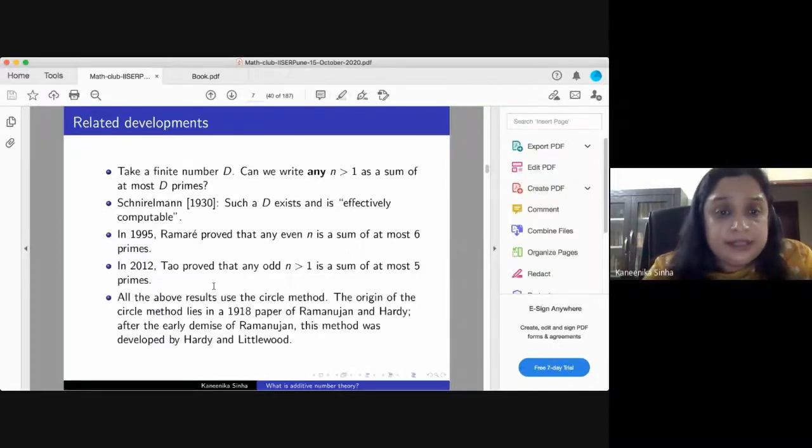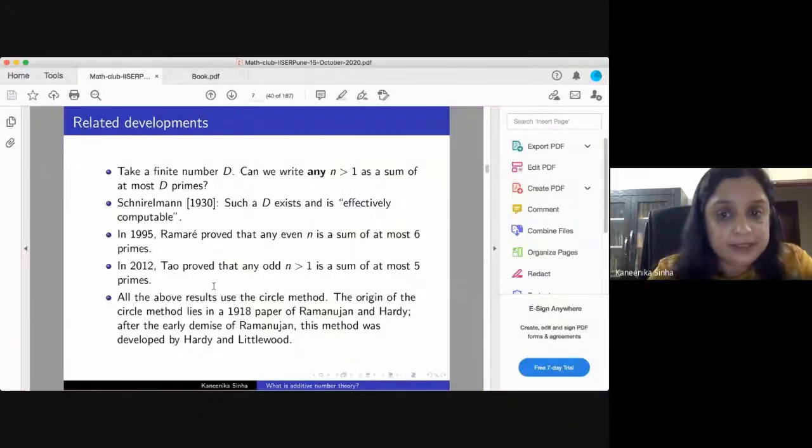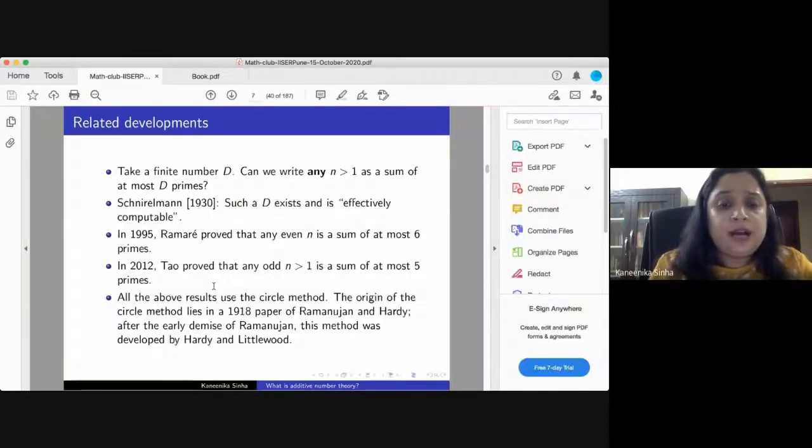Now the amazing thing is that all of the above results use a method called the circle method. The origin of this method lies in a 1918 paper of Ramanujan and Hardy. I'll mention a little more about it in detail later, but Ramanujan and Hardy were interested in exploring the partition function, which is the number of ways of writing n as a sum of smaller numbers.